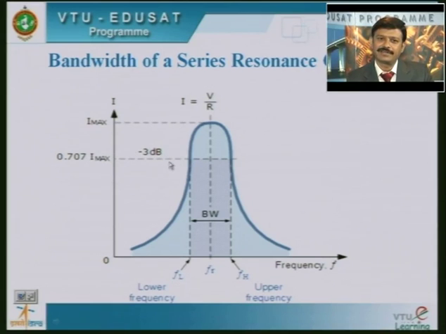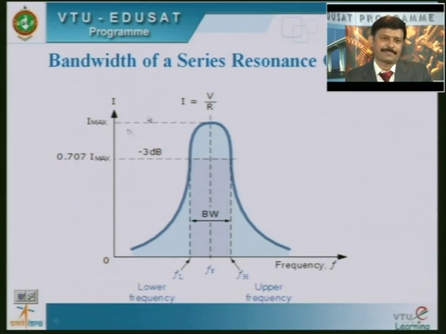This one is called the lower cutoff frequency FL, and this one is called the higher cutoff frequency FH. At those 2 points, the current will be 0.707 times of I maximum, that is Im by root 2.